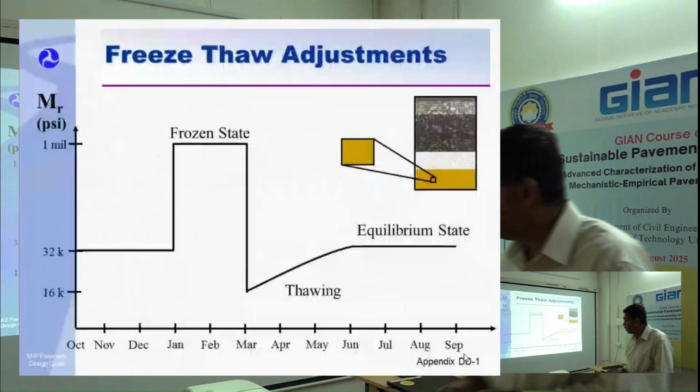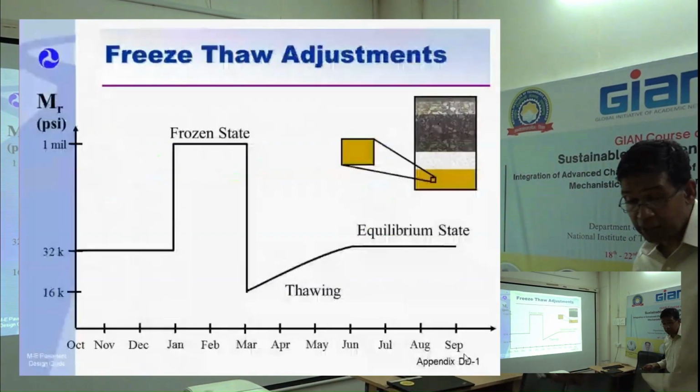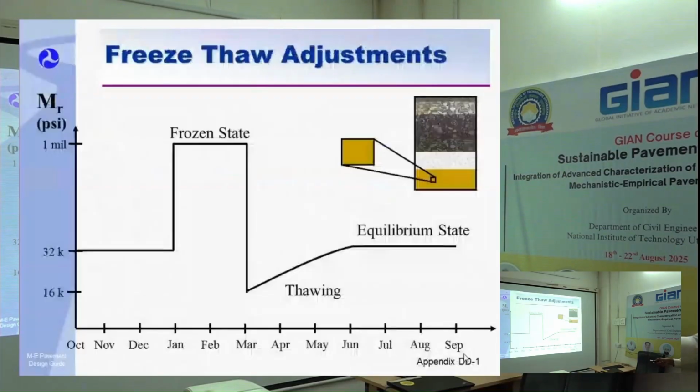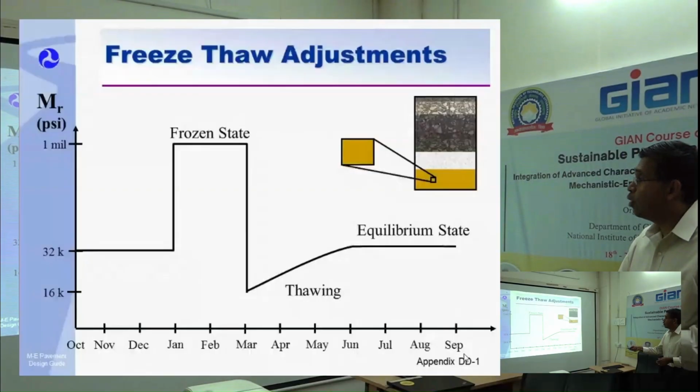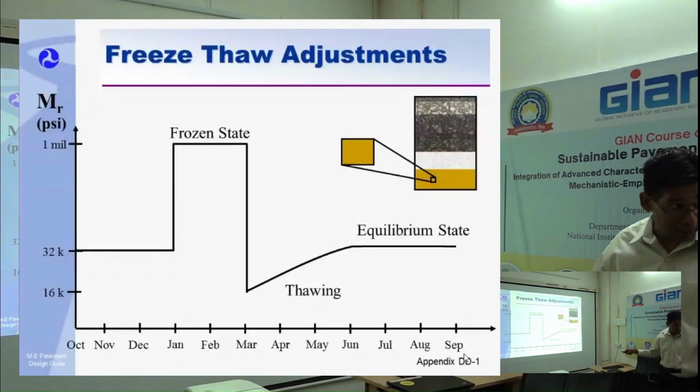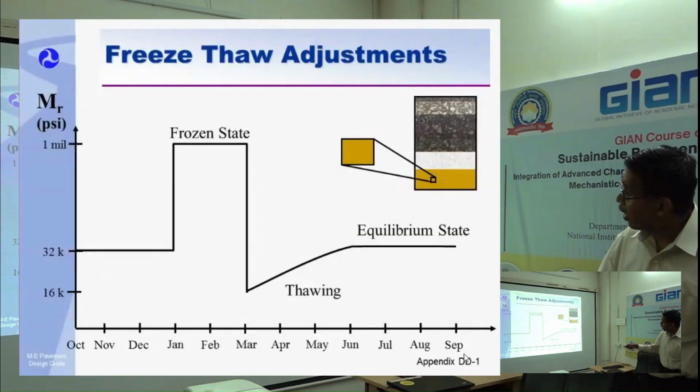Right here, freeze-thaw, but we have seen this graph so many times. You have October to January, and this is the soil properties right at the bottom. Then you have a frozen state, and then you're thawing. This is when you have the most damage happening. We talked about that in the UF, right? Then you have water slowly released at the equilibrium state.